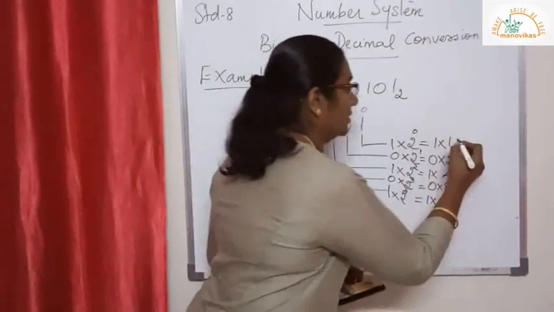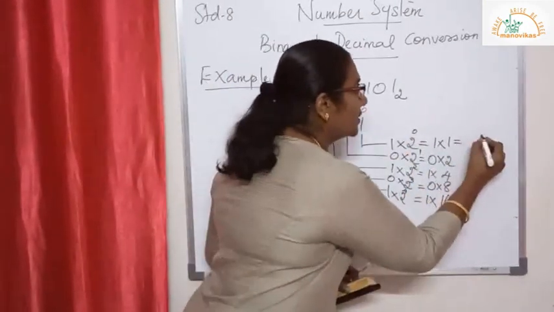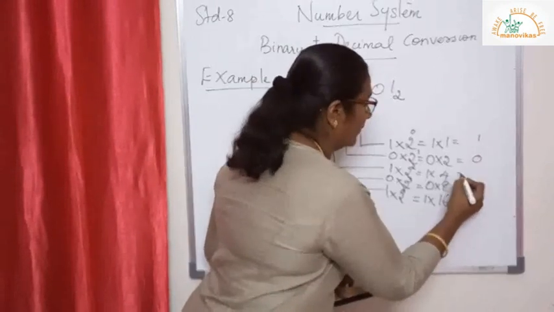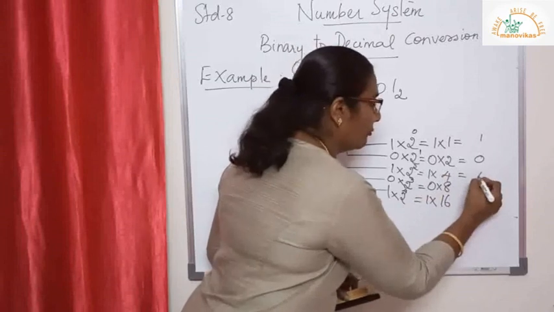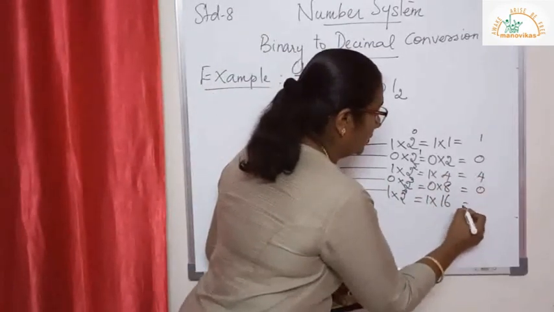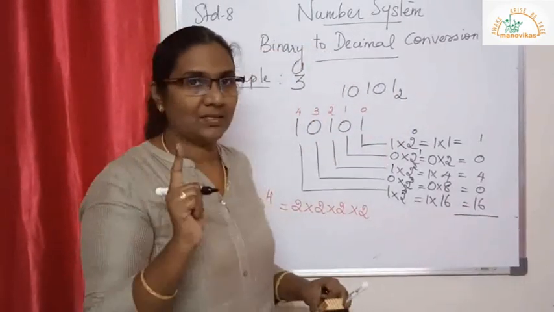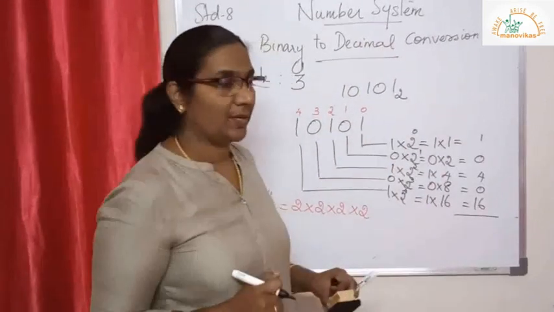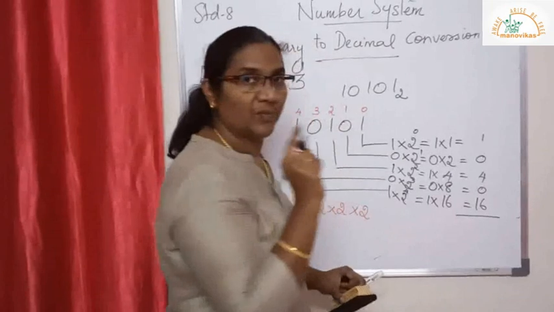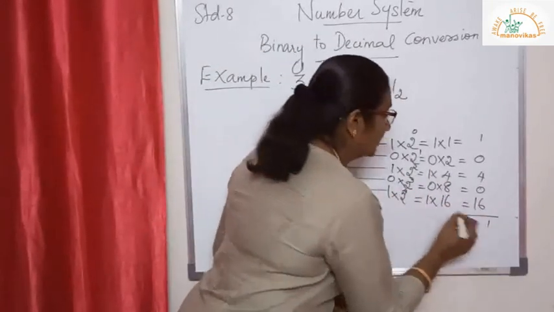Now the next step is multiply both. You will get 1. 0 into 2 is 0. 1 into 4 is 4. 0 into 8 is 0. And 16. The last step is add all these values. 1 plus 4 is 5. 5 plus 6 is 11.